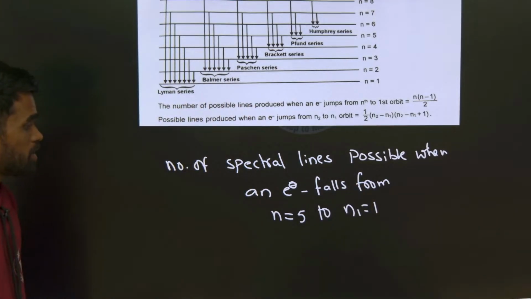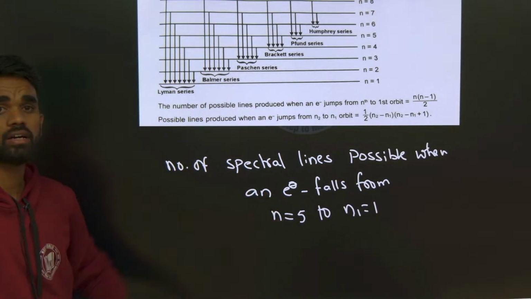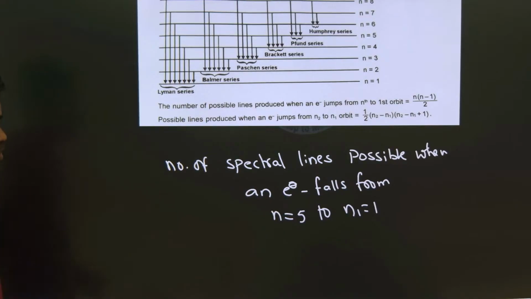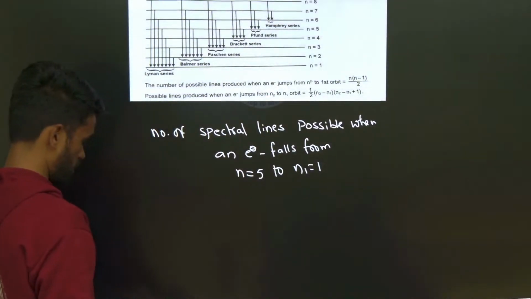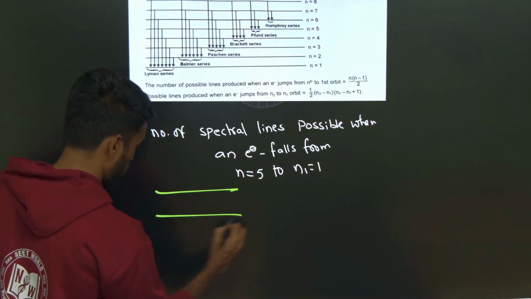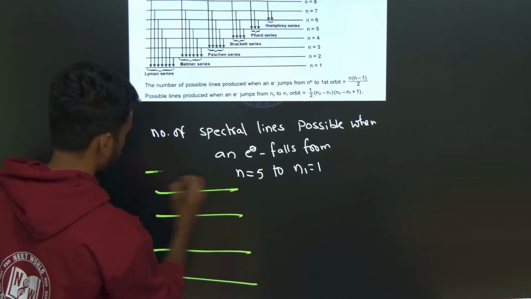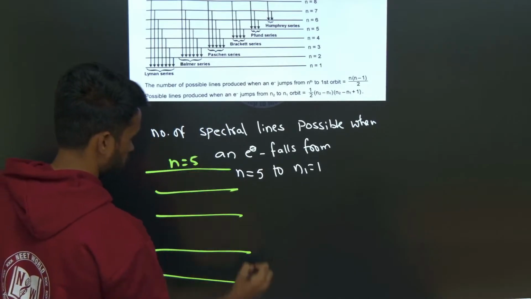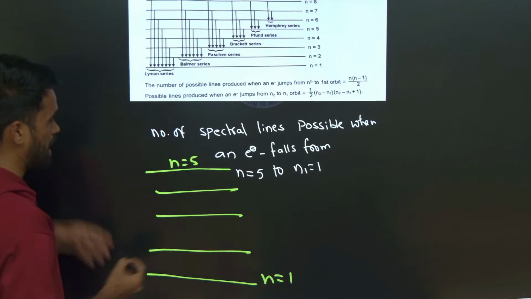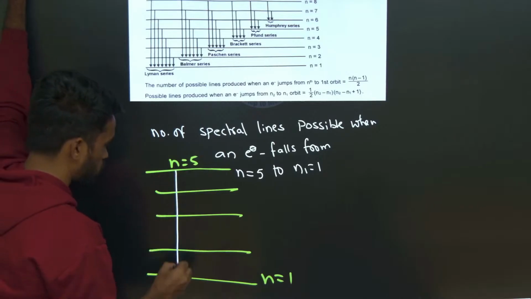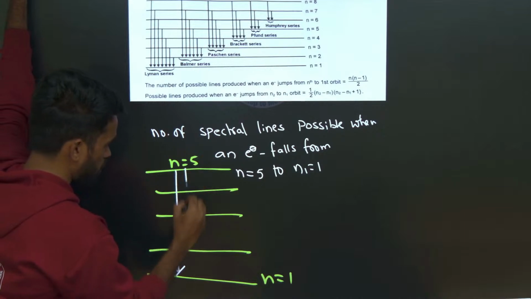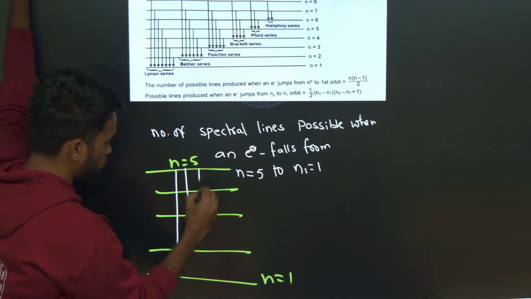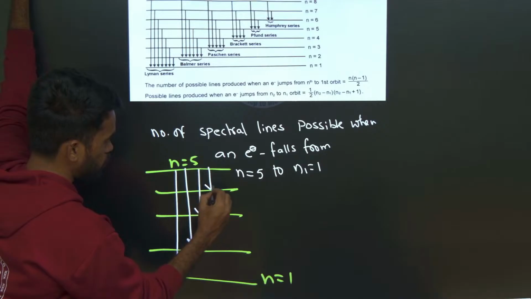So how many lines are possible here? Tell me what those lines are. Now just use this formula, or I will tell you the traditional way. This is n equals 5, this is n equals 1. The electron can come directly from 5 to 1, or from 5 to 2, or 5 to 3, or 5 to 4.